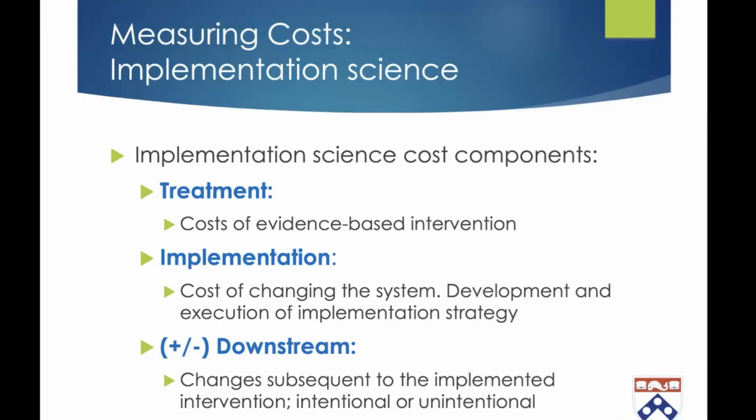So if another hospital or health system is going to implement it, they need to know their upfront implementation cost and then the cost of running the treatment and the effect of that. They're different pieces, but it's good to put them all together in one big analysis. But tracking and publishing your implementation cost, yes, that needs to continue.